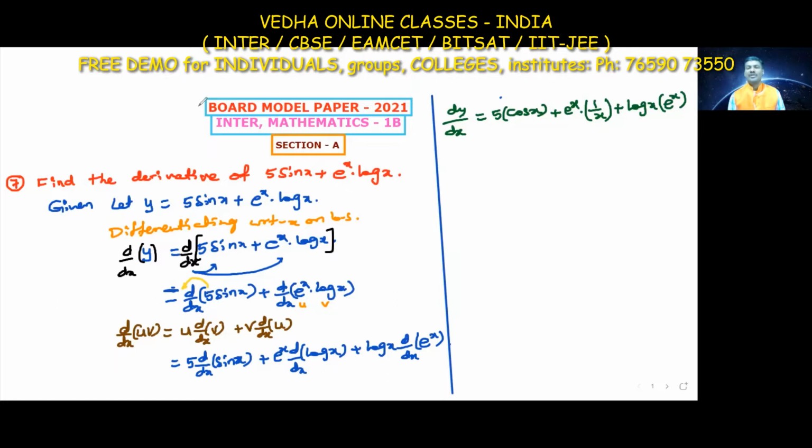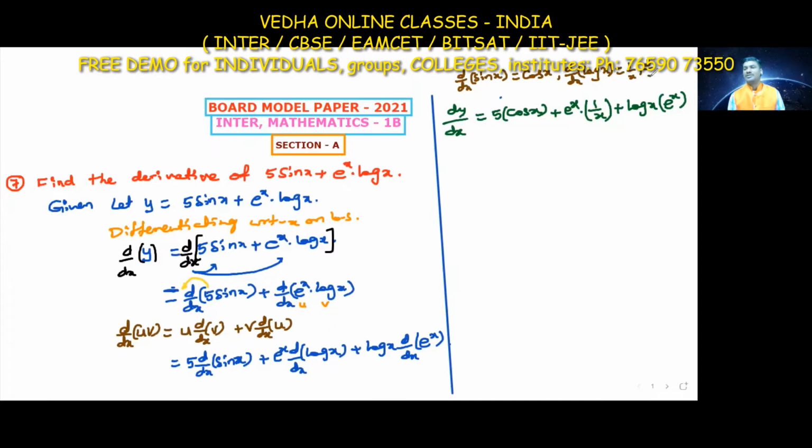So what formulas did we use here? d by dx of sin x is cos x. One more formula we use: d by dx of log x is 1 by x.